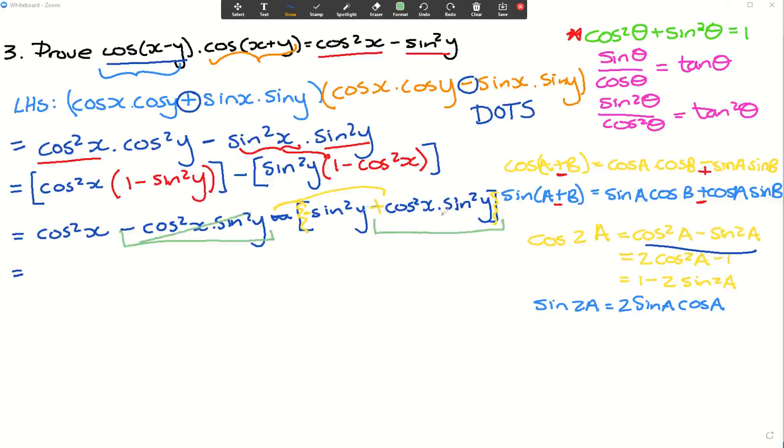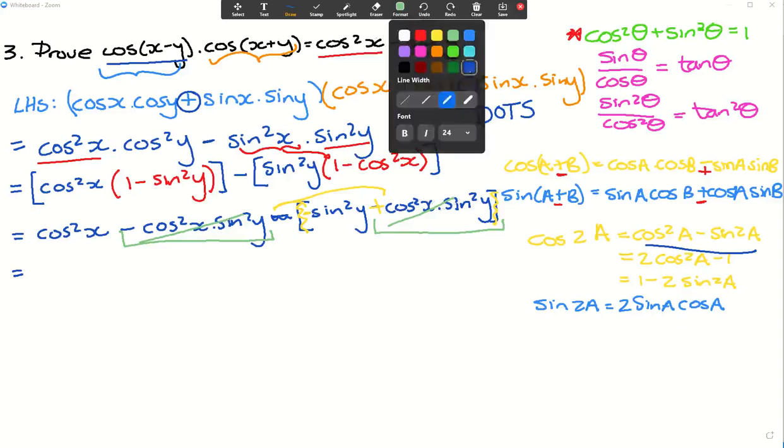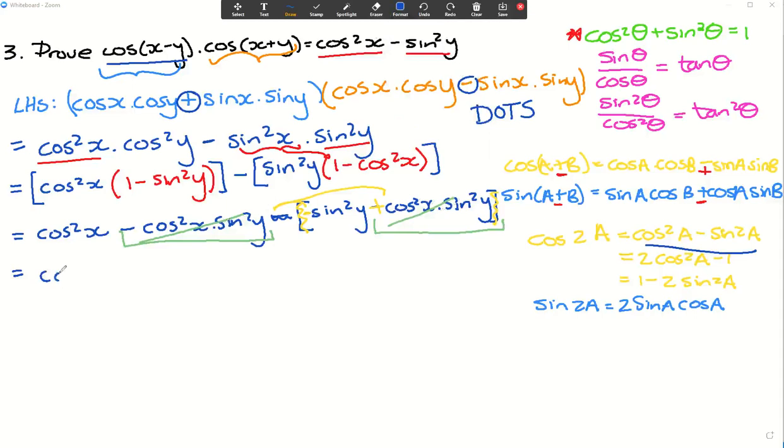And what ends up happening is a minus 1 plus a 1, or minus something adding its same self to itself. You end up cancelling those, which means you are now left with cos squared x minus, don't forget that little yellow minus, sine squared y. And therefore, your left-hand side is equal to your right-hand side.